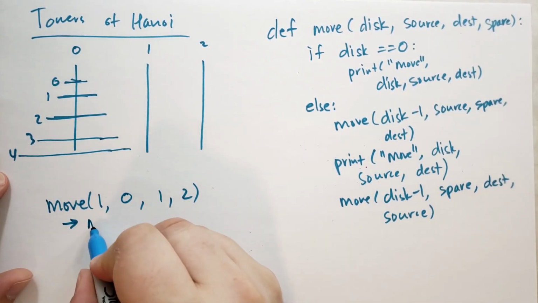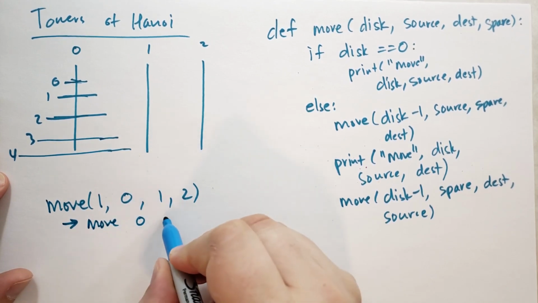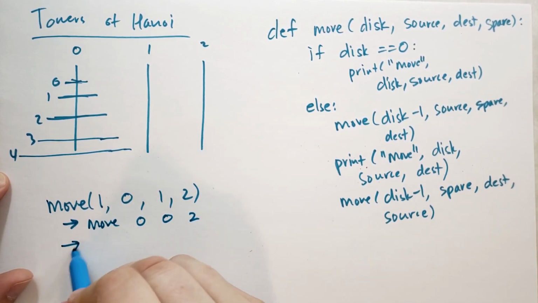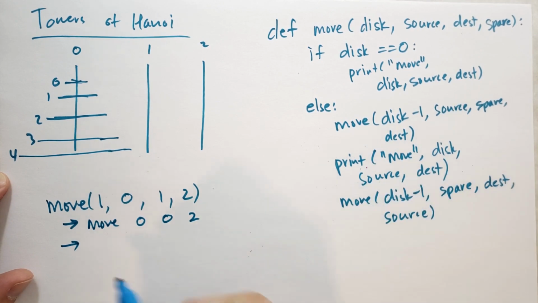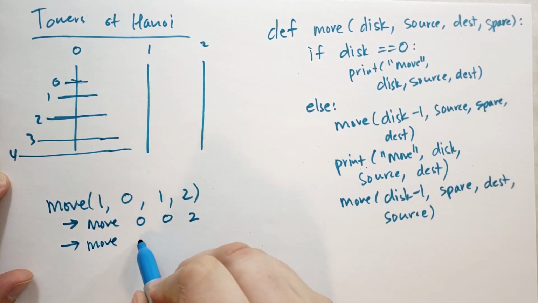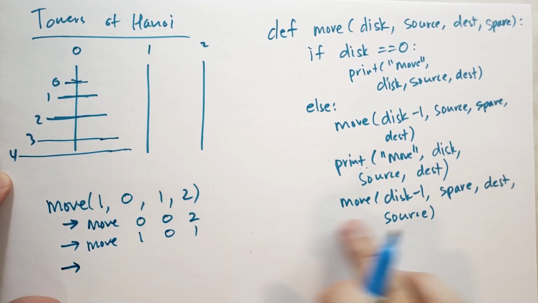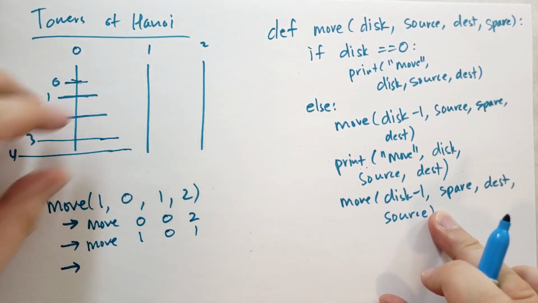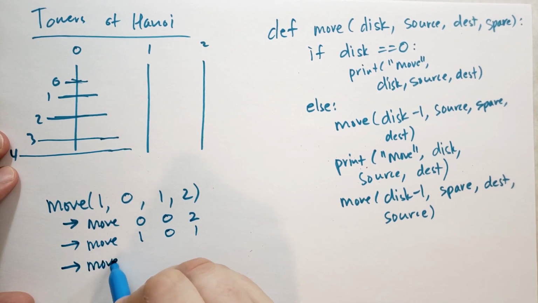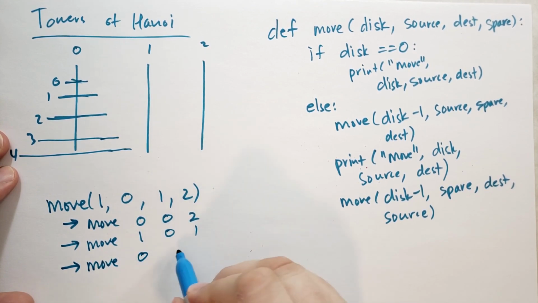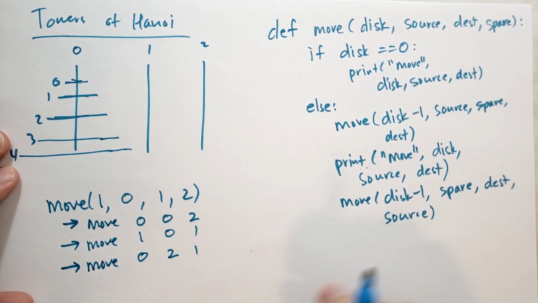So you're going to say move 0 from 0 to 2. After that's complete, it's going to print move the 1 disk from the source to the destination. And then finally, when it moves this disk from 2 to 1, it's going to print move the 0 disk from 2 to 1. Okay?